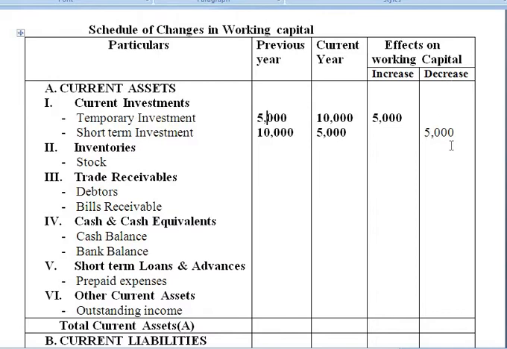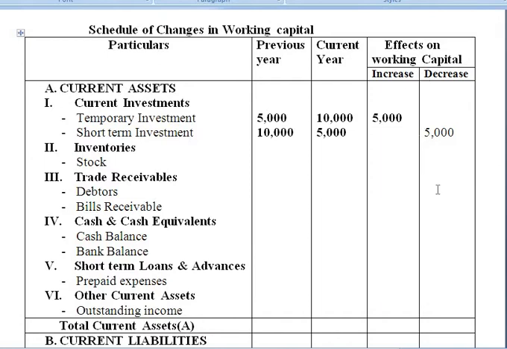So in this way, for all the current assets we have to write their opening balance and closing balance. We have to find whether there is an increase or decrease in current asset. If there is increase in current assets, we have to write in the increase column, because with increase in current assets, the effect on working capital will be an increase in working capital, and decrease in current assets leads to decrease in working capital.